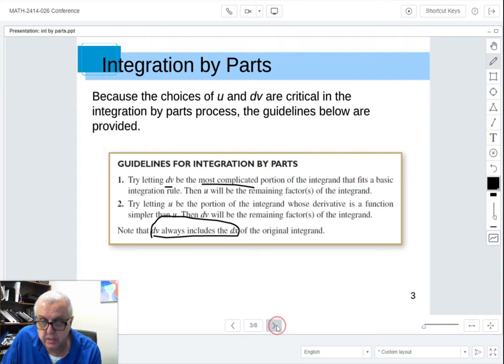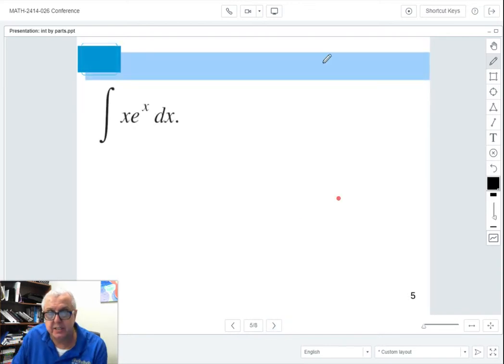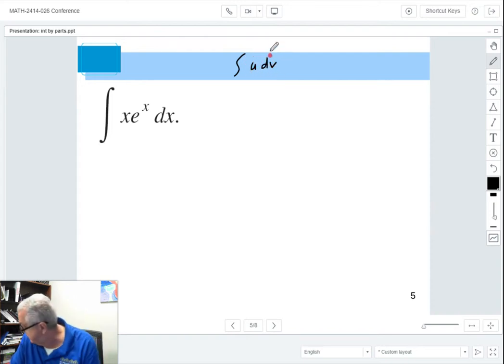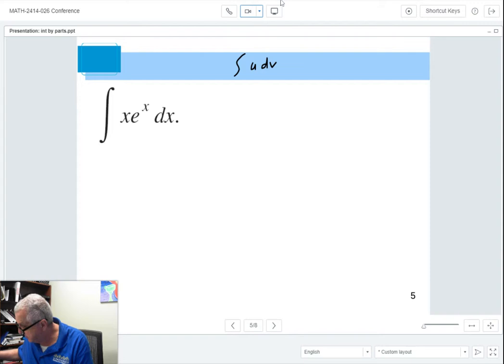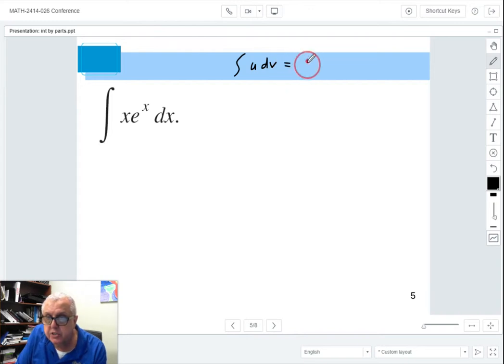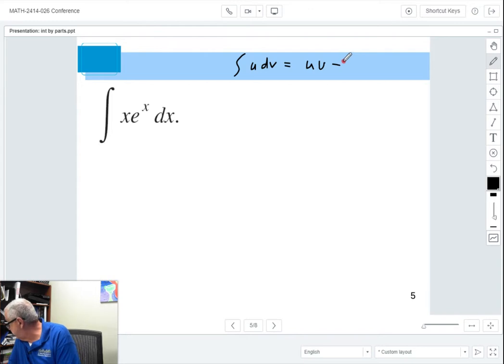Okay, so let's take a look at this problem. So we need to call U, remember, here, let me write the formula up here for us again. U dV then changes to U times V minus integrating V du.